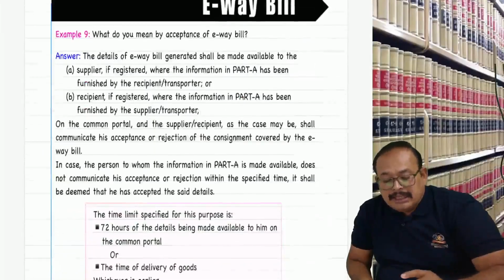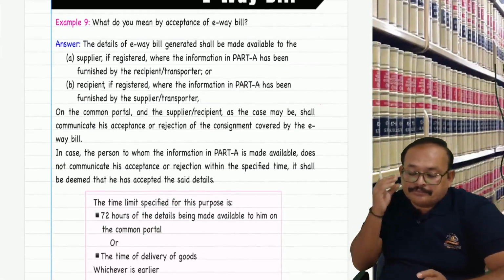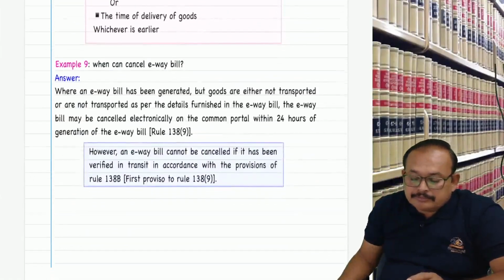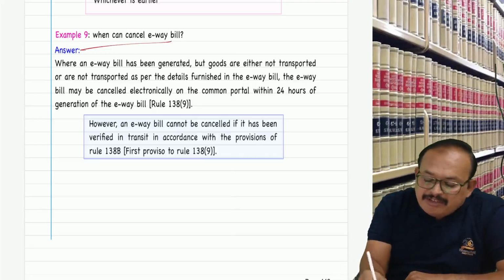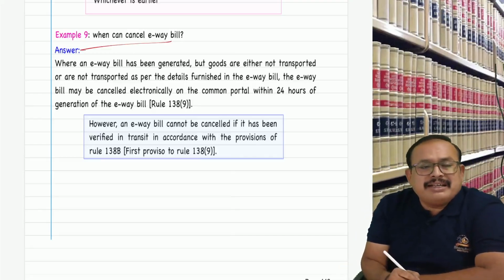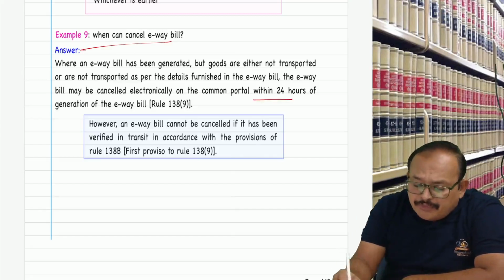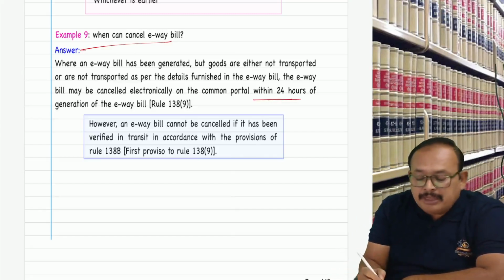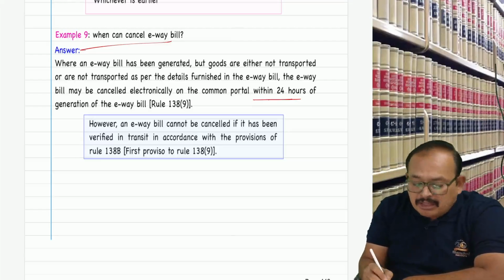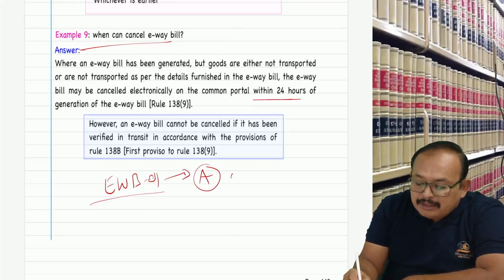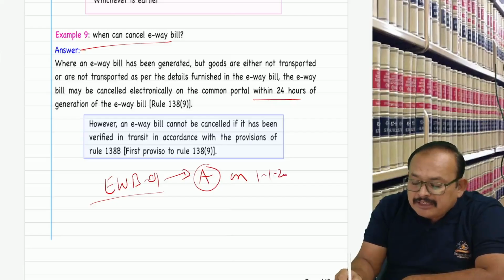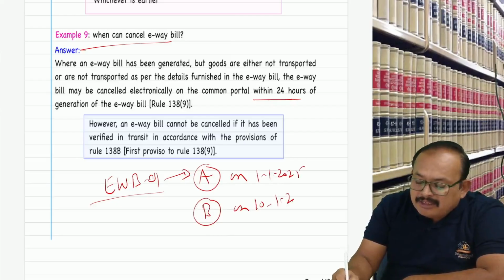Further, e-way bill: can we cancel the e-way bill? Yes. When can we cancel? Within 24 hours of generation, an e-way bill can be cancelled. Meaning what? Suppose EWB-01 Part A is generated on 1st January 2025 and Part B is generated on 10th January 2025.